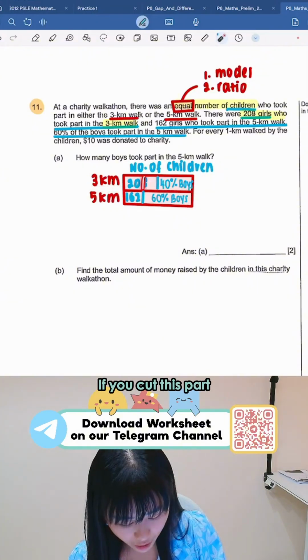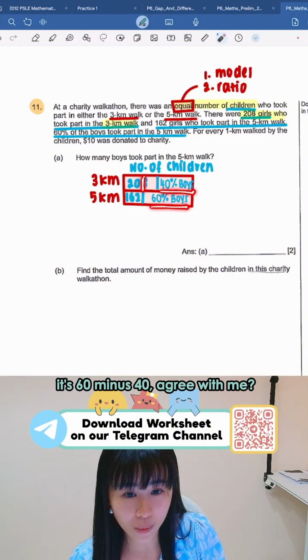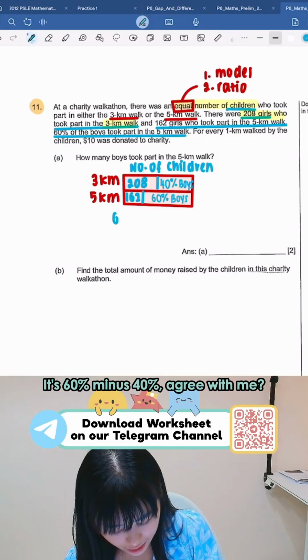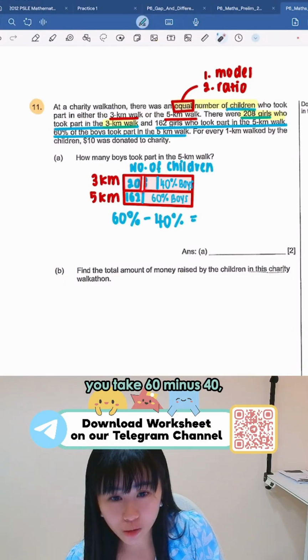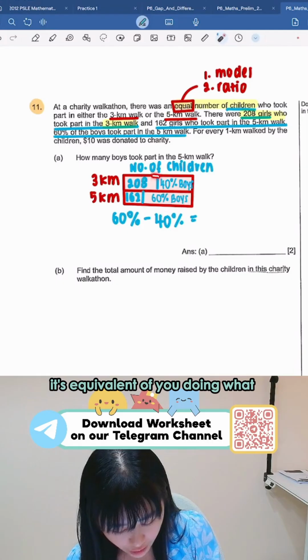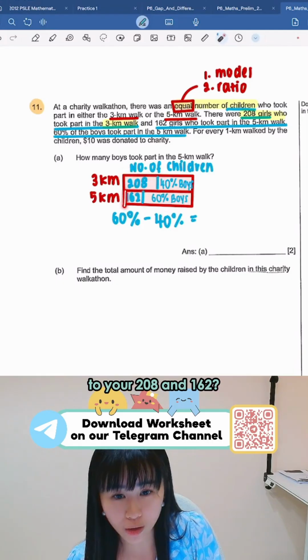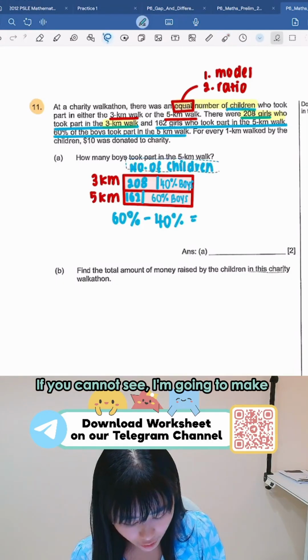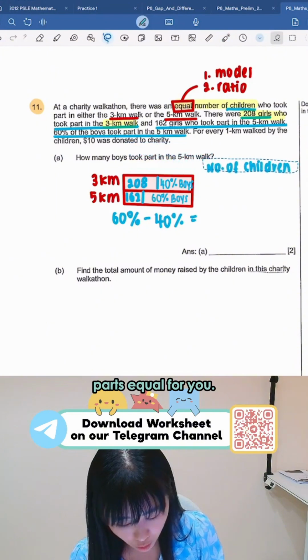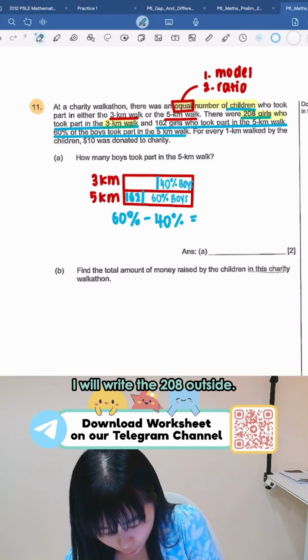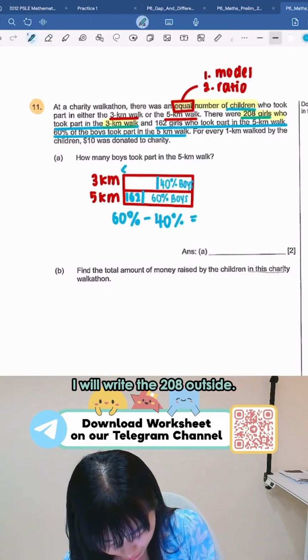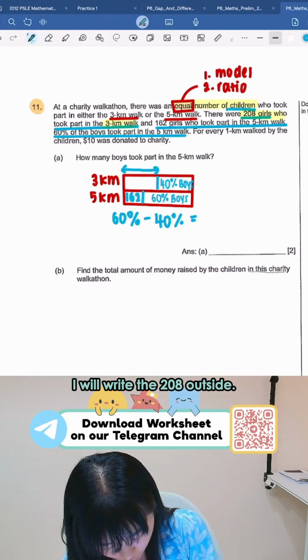If you cut this part, it's 60 minus 40. Agree with me? It's 60% minus 40%. Now, if you take 60 minus 40, it's equivalent of you doing what to your 208, 162. If you cannot see, I'm going to make parts equal for you. Instead of writing the 208, I will write the 208 outside.